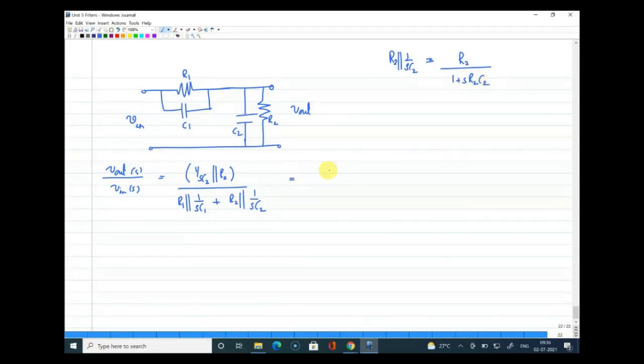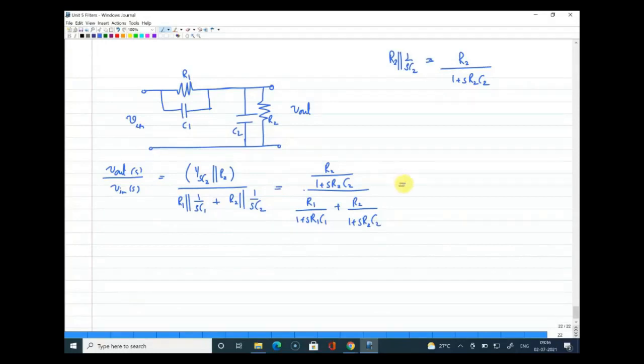So I can just write the numerator as R2 divided by 1 plus SR2C2, divided by R1 divided by 1 plus SR1C1 plus again R2 divided by 1 plus SR2C2. Right. Instead of plugging in the entire expression here and making it complicated, we can actually write the parallel combination result directly on the numerator and denominator, and then we can simplify.